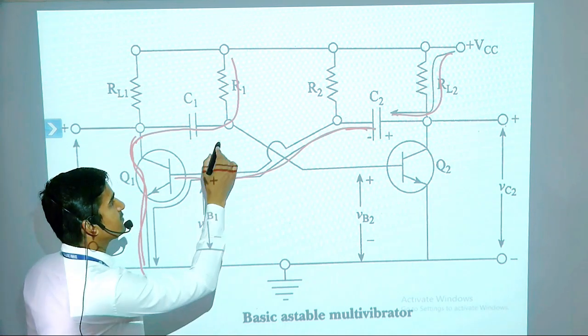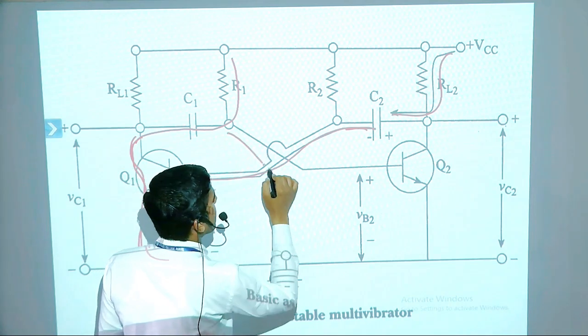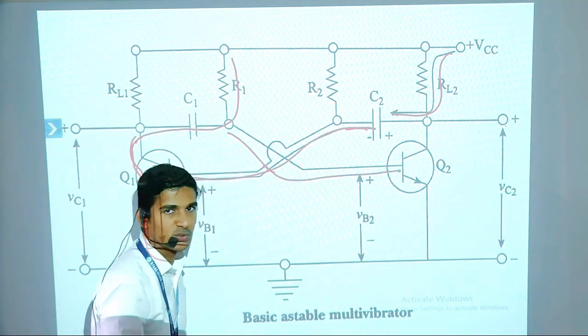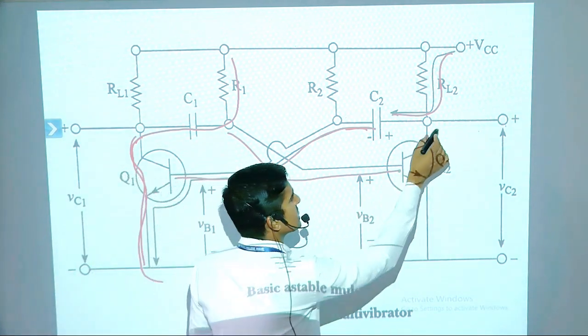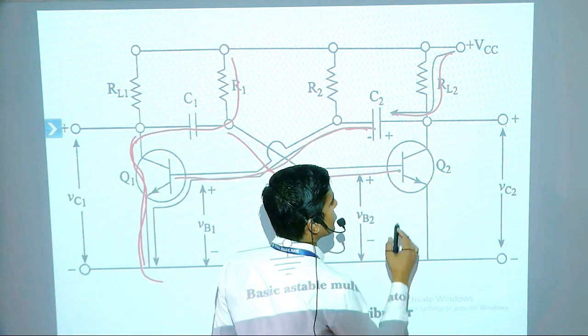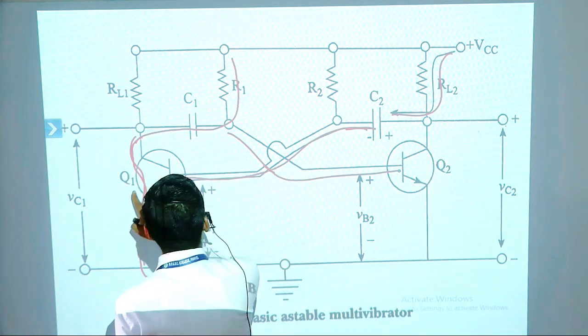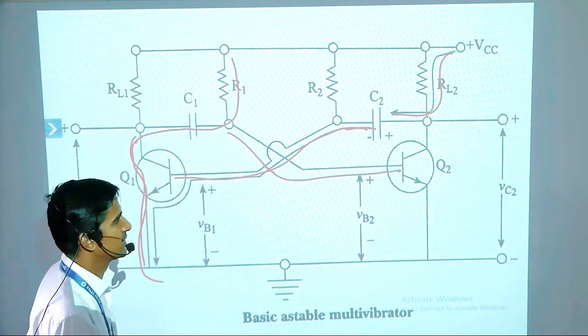When this low signal goes to the base of transistor Q2, then transistor Q2 is off. The resultant collector signal is high. Transistor Q1 is on, transistor Q2 is off. This is the first condition.